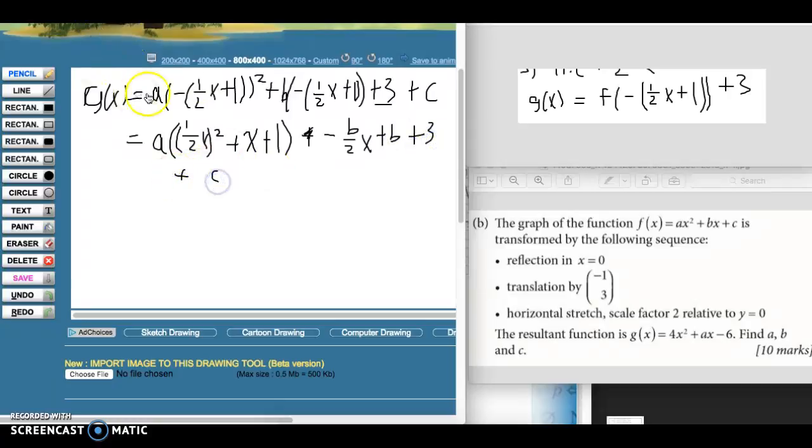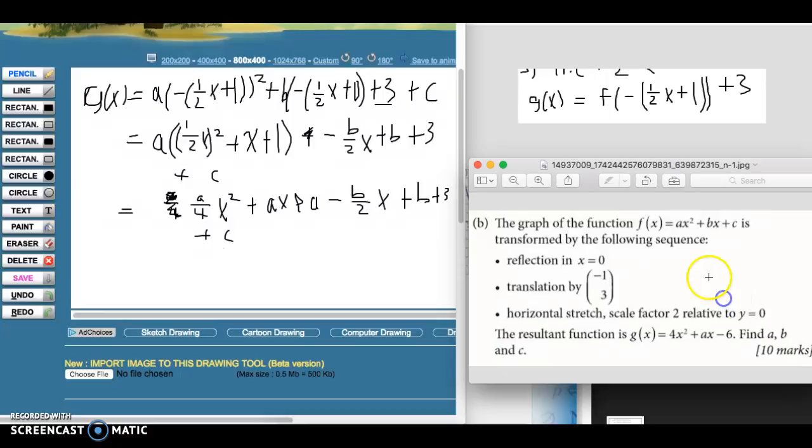And then we want to compare this to our final form after we simplify it. So this is going to be 1 over 4 x squared, so a over 4 x squared plus ax plus a, just distribute the a. Then we have negative b over 2x plus b plus 3 plus c. The rest is the same.